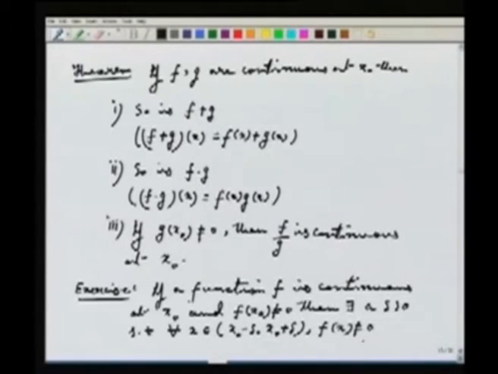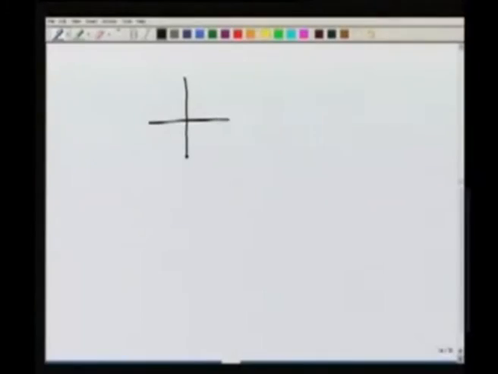What actually it illustrates is the following picture. This is your point x naught, and f is non-zero at x naught, means it is either here or it is below. Suppose it is here, then the graph of the function has to look like this.